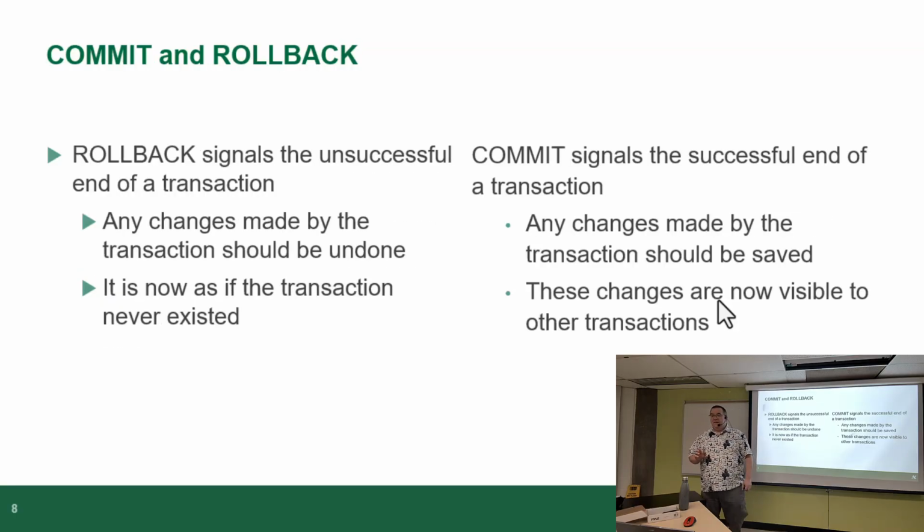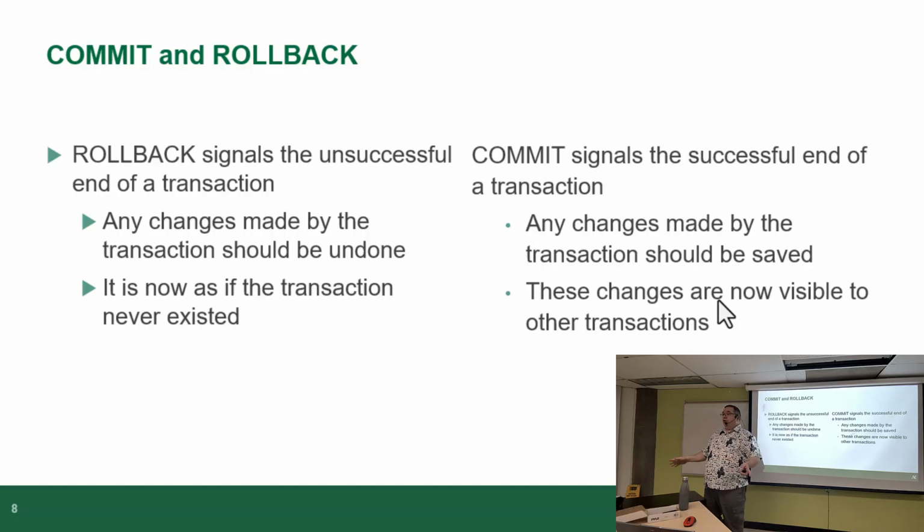So rollback means the transaction failed. And that means it'll roll everything back to when you first started the transaction. There's a command called begin, or in some other database servers, it's called start transaction. So you go start transaction or begin. After that, everything's part of the transaction. If anything fails, you can issue a rollback and it goes right to the beginning.